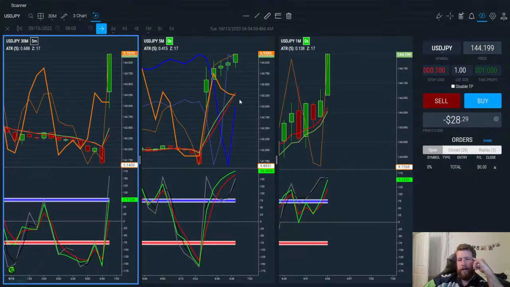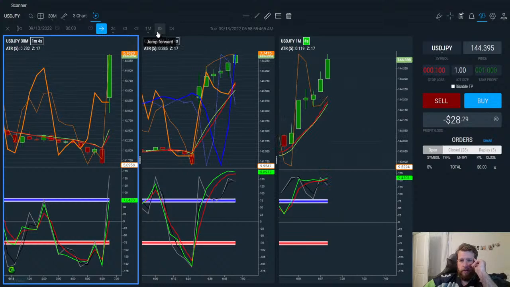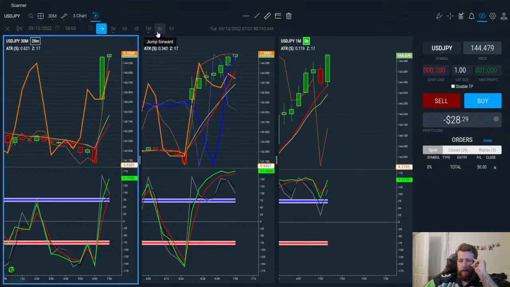Getting a bit of a cross right here, which is a bearish signal. So just waiting for a bearish signal on the 1 minute chart. And it could be that this just keeps going up for a long time.